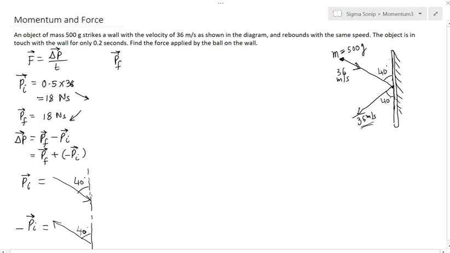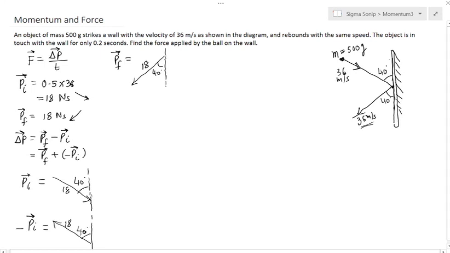PF, again I will show my wall here, that's my reference for direction, and my PF is going like this, and that angle is 40 degrees. In all these cases, the length of the vector is 18 here, 18 here, and 18 here.